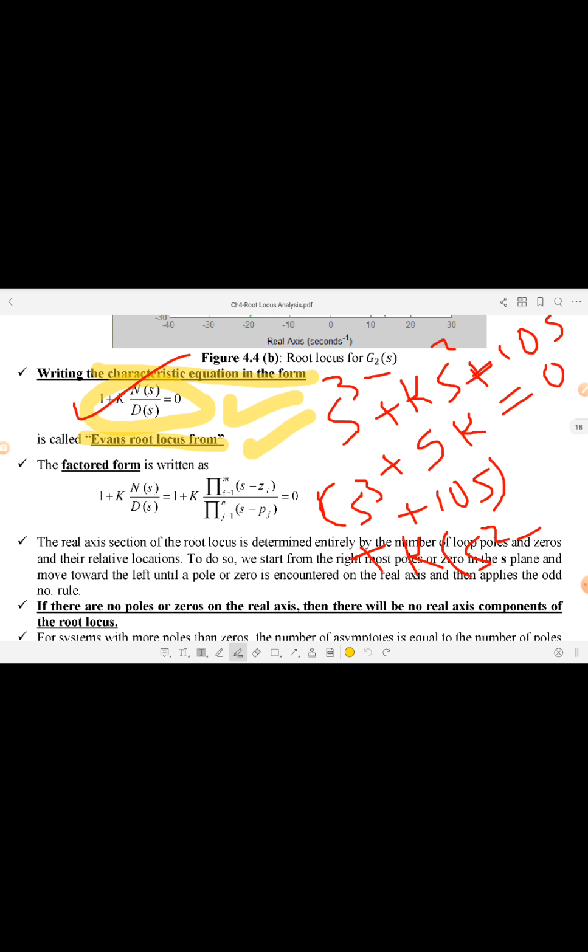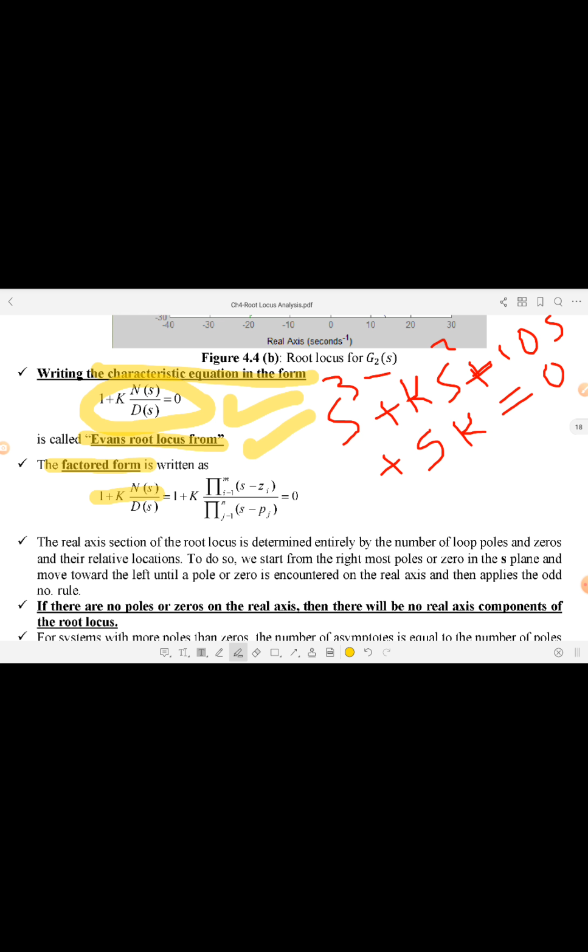In this way we have converted our polynomial from the standard polynomial format to the Evans root locus form. Okay, and after that there's another form that we should express the characteristic equation in, which is the factored form.